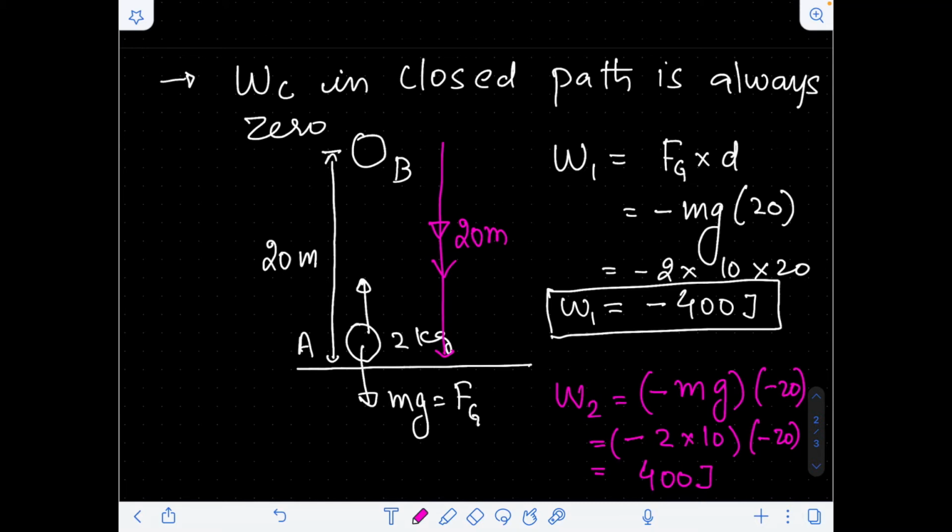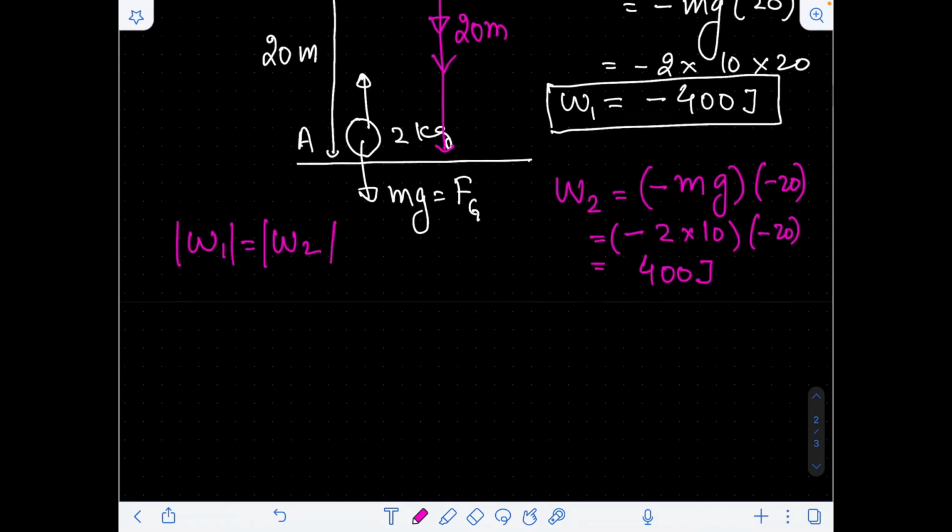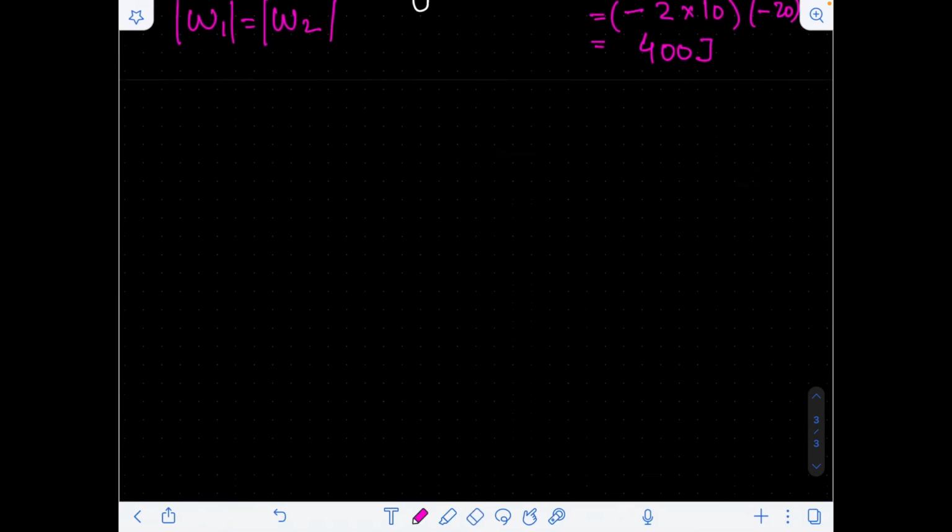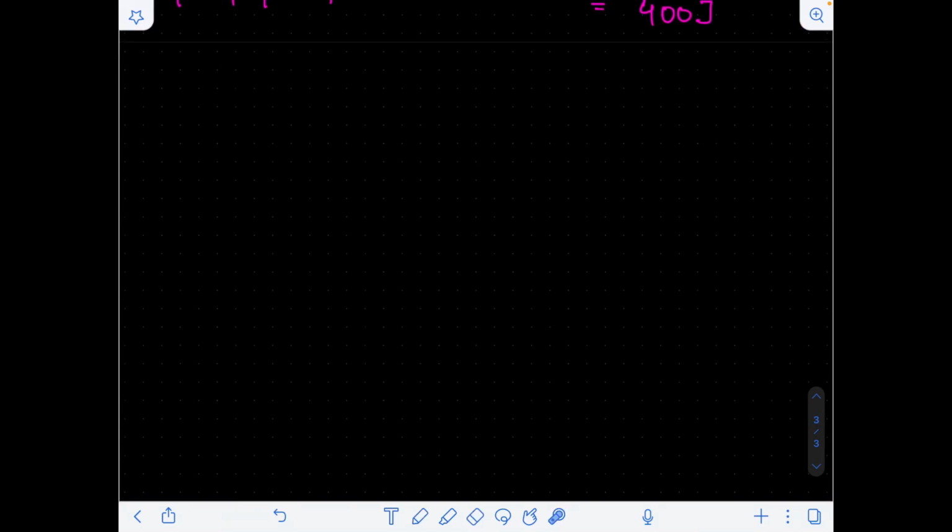So we see that work done 1 is equal to work done 2 in magnitude but opposite in nature. The total work done is work 1 plus work 2, which is minus 400 plus 400 joule.